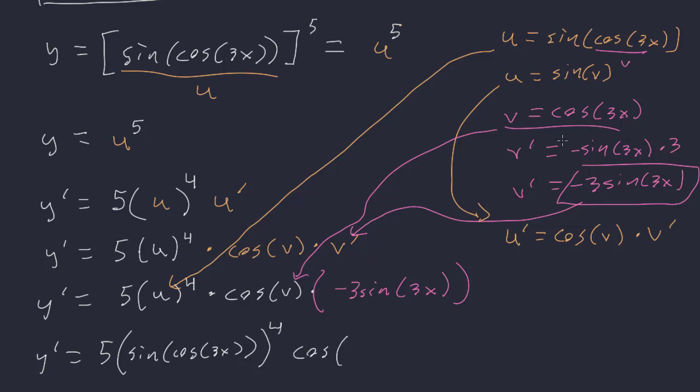Cosine of v, well, v was cosine of 3x. Make sure I have enough parentheses here. And then we just rewrite this, negative 3 sine of 3x. So as you see, doing it this way, we still get to the same answer we did before, possibly in an easier fashion since we're reducing it down to something easier to deal with each time.